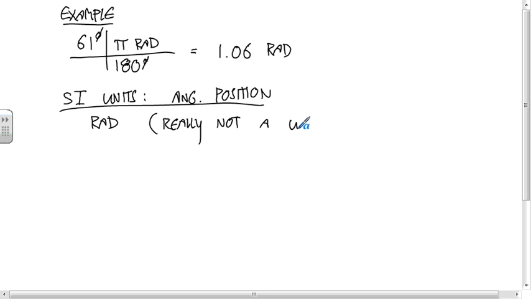So really it's not a unit. So the angular position you could think of as 1.06 radians here, or you could just think of it as the number 1.06.